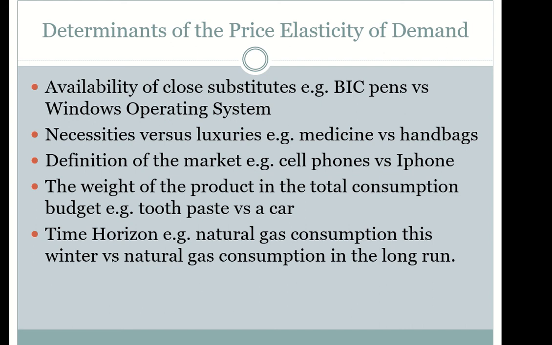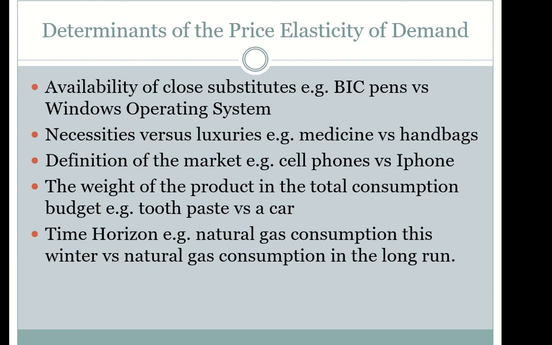We can turn to coal, for example, although it's quite polluting. We can turn to solar energy, and so on and so forth. We can even move to warmer places. So these can all take place only in the long run. So the longer time we have to adjust to the change in the price, the more elastic the demand becomes.